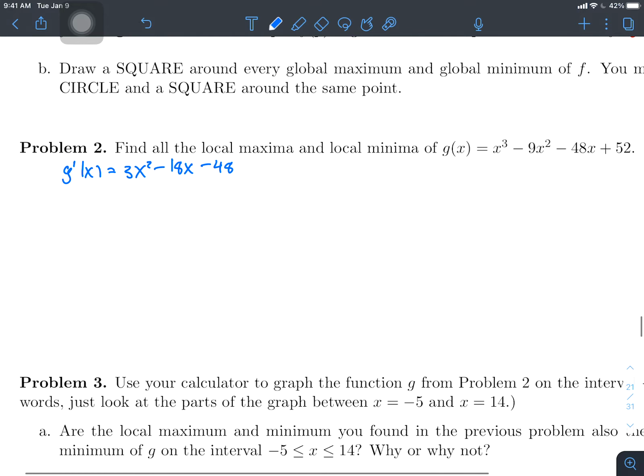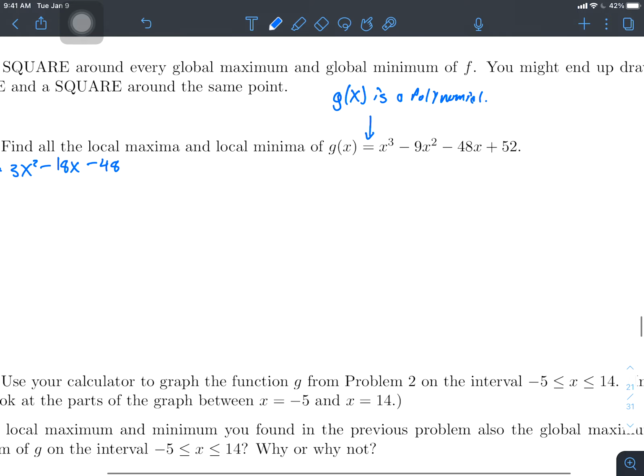And the first thing I'm going to acknowledge is that g of x is a polynomial, which means I don't need to worry about what? Exactly, I think I heard it. I don't need to worry about g prime not existing.